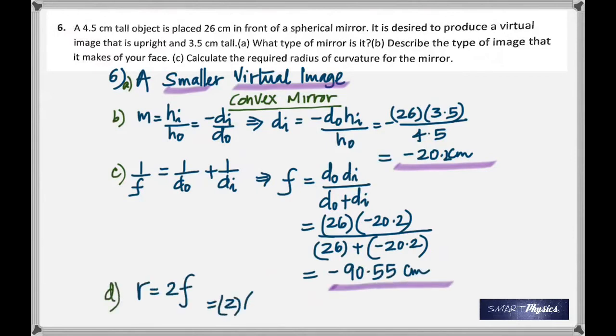That gives minus 90.55 centimeters. And then the radius is twice the focal length.